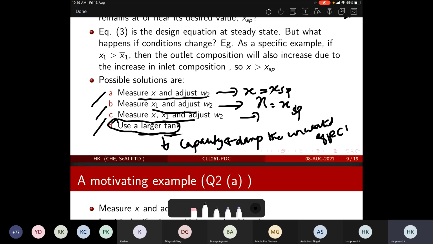But then you have to invest a lot on capex, capital cost. Why? Most of the time, all the specialty chemicals or specialty products, you don't need to make in bulk.